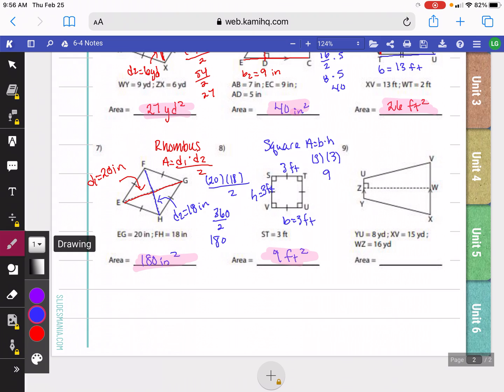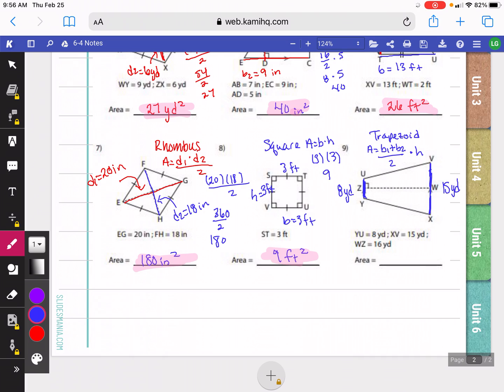And then our last picture here is a trapezoid. Remember, area of a trapezoid, we do base 1 plus base 2 divided by 2 times the height. So here, YU equals 8 yards. XV, this side here, is 15 yards.